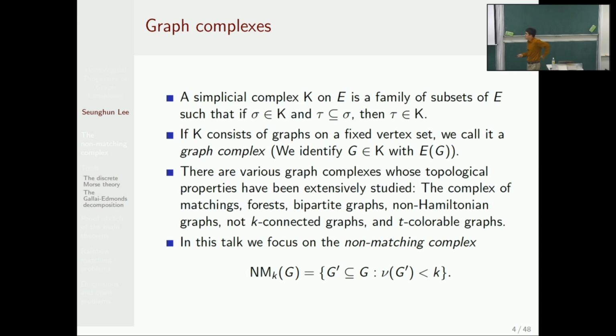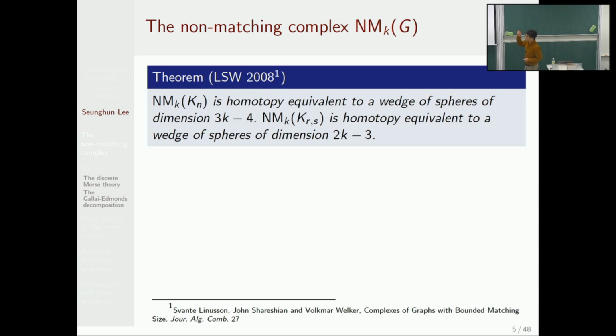The following is a previous result by Linusson et al. If G is a complete graph or a complete bipartite graph, then the complex is homotopy equivalent to a wedge of spheres. For complete graphs, it is a wedge of spheres of dimension 3k-4, and for complete bipartite graphs, it is a wedge of spheres of dimension 2k-3.